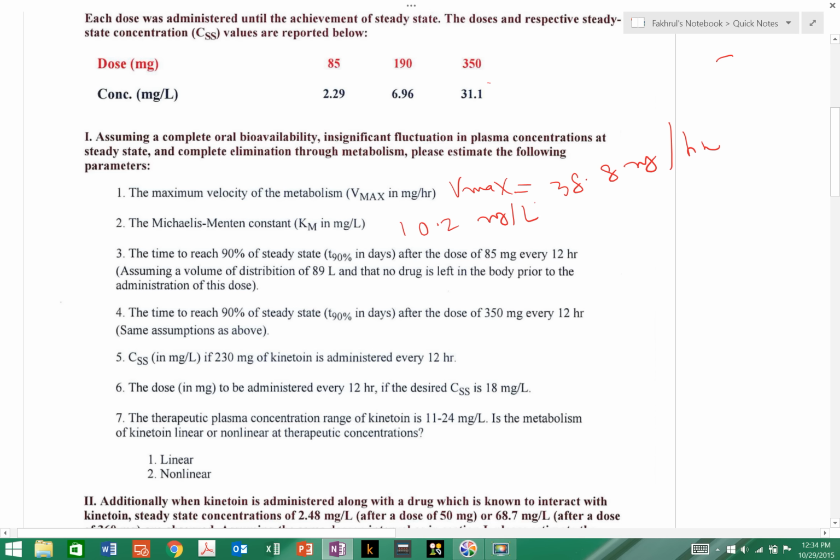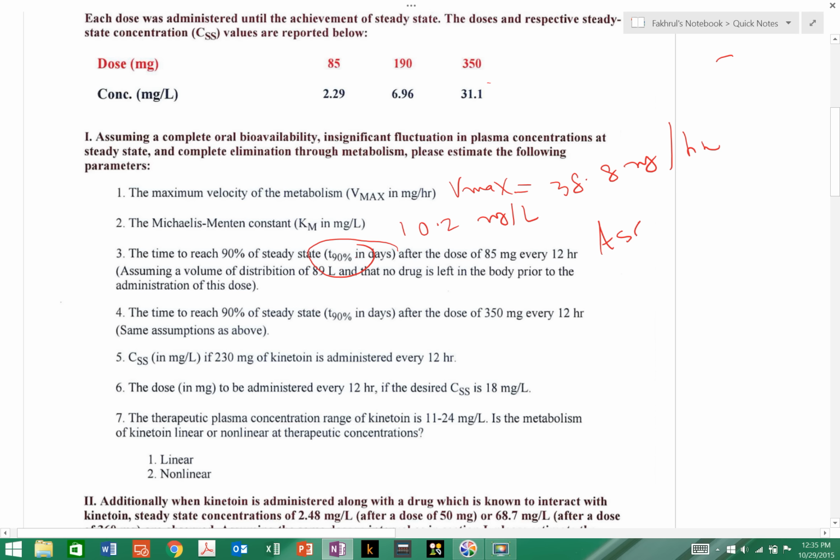So now we have to calculate the time to reach 90% of steady state, T90%, which is TSS, and it is asking for it in days. After the dose of 85 milligram every 12 hours, you have to assume a volume of distribution of 89 and no drug is left prior to administration of the dose.